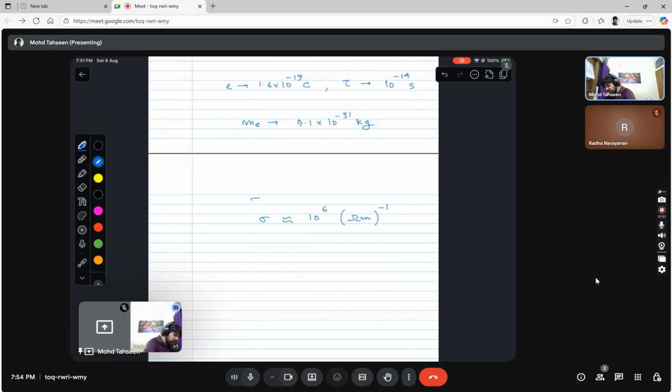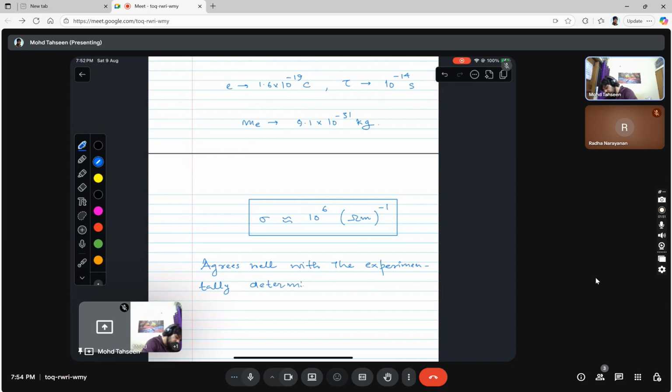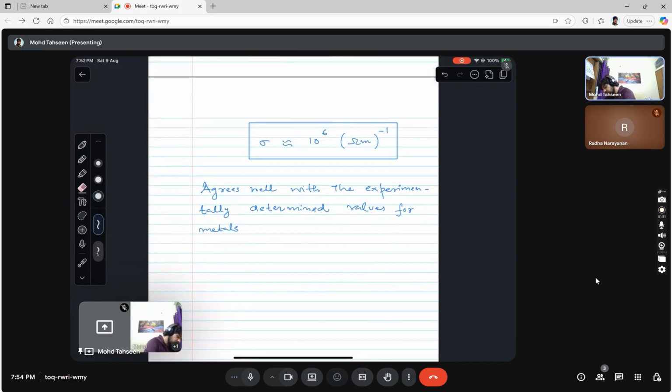So this value of sigma computed from this model, which is the Drude model, is very close, so it agrees well with the experimentally determined values for metals, okay.